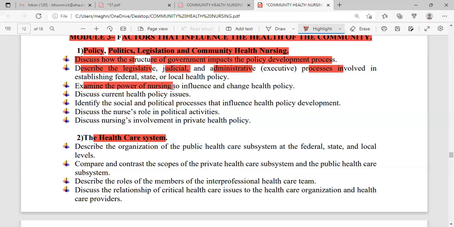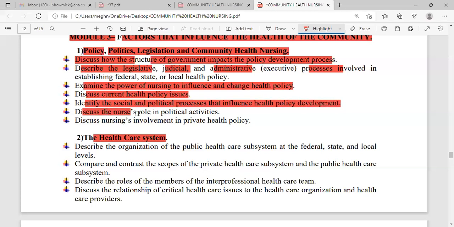Examine the power of nursing to influence and change health policy. Discuss the current health policy issue. Identify the social, political processes that influence health policy development, and discuss the nursing role in political activities, and discuss the nursing involvement in private health policies.